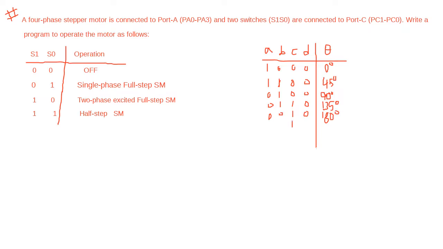Then C and D: 315. Okay, and then just D only, so then it is another 45, so it will be 300.